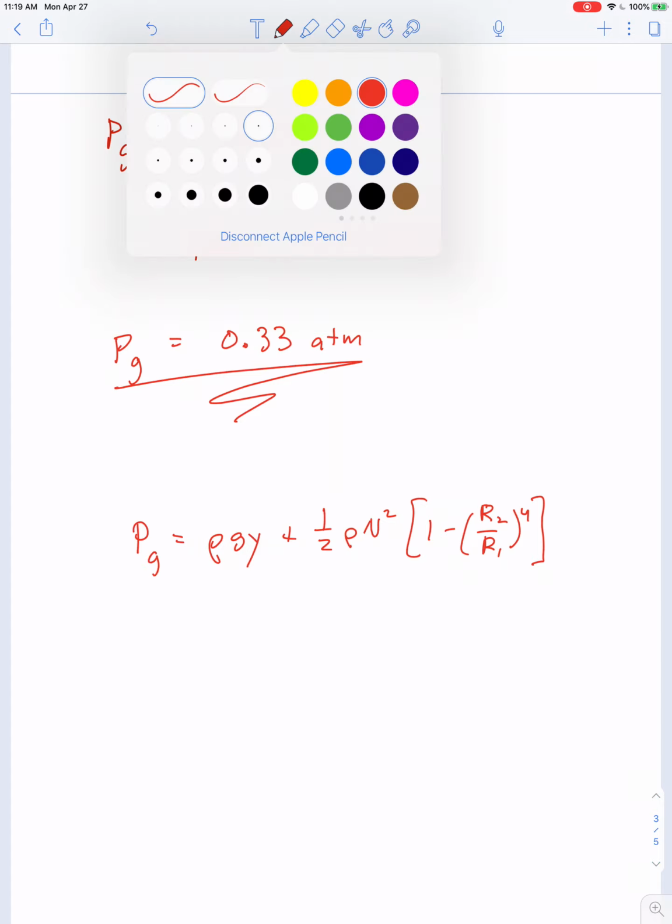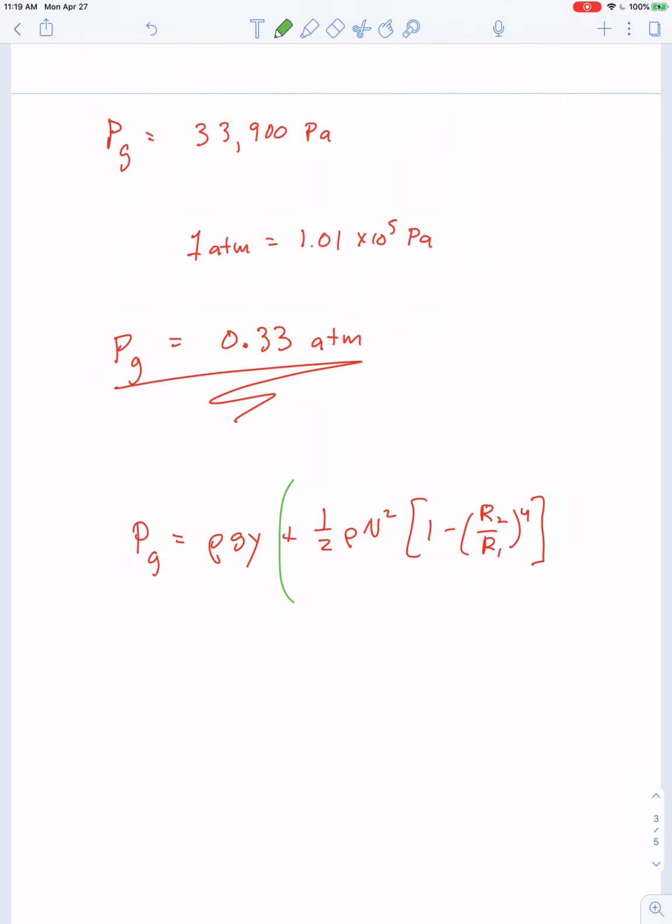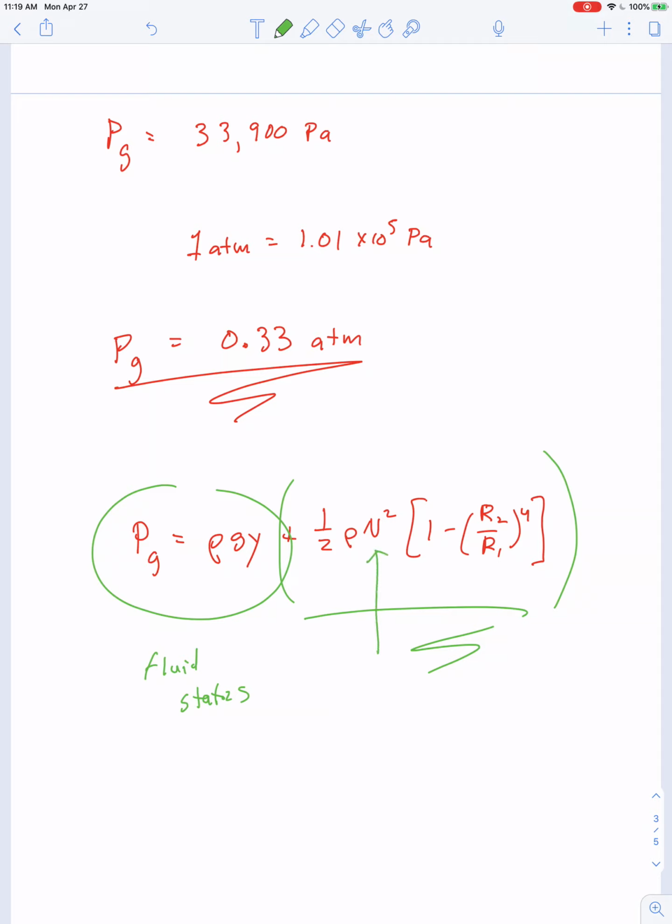If we keep this term separate and just look at this, well, that's back to an equation we know from fluid statics that says pressure varies with depth in the case of a fluid at rest. And that's exactly what we would get if the water isn't flowing, if the velocity is 0 because it's at rest, then this just agrees with an expression we already know about fluids at rest.